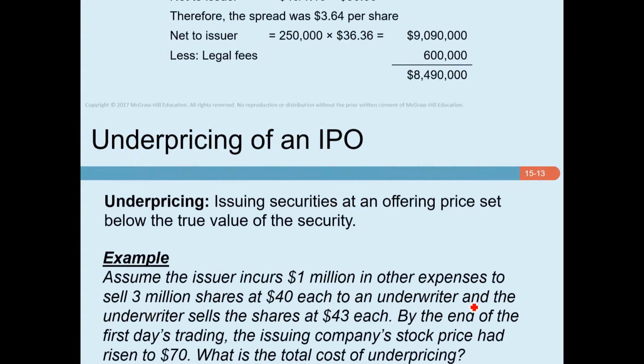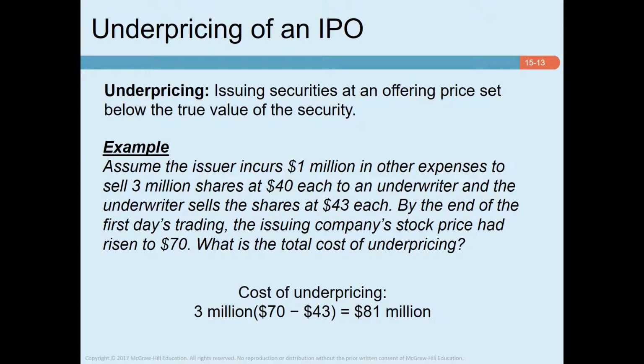Now, IPO underpricing. As I previously mentioned, typically when a company engages in an IPO, the issue price or the offer price is lower than what the fundamental value should be. And this is known as IPO underpricing.